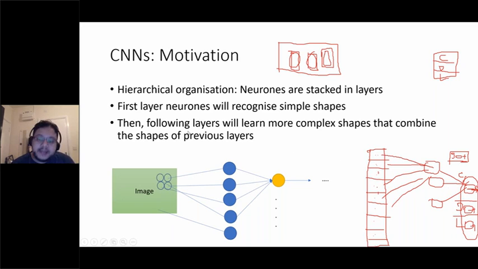By backpropagating, each neuron will try to learn something that helps the whole network to be able to classify if it is a cat, a dog, or a lion. So it's like the whole network is cooperating.